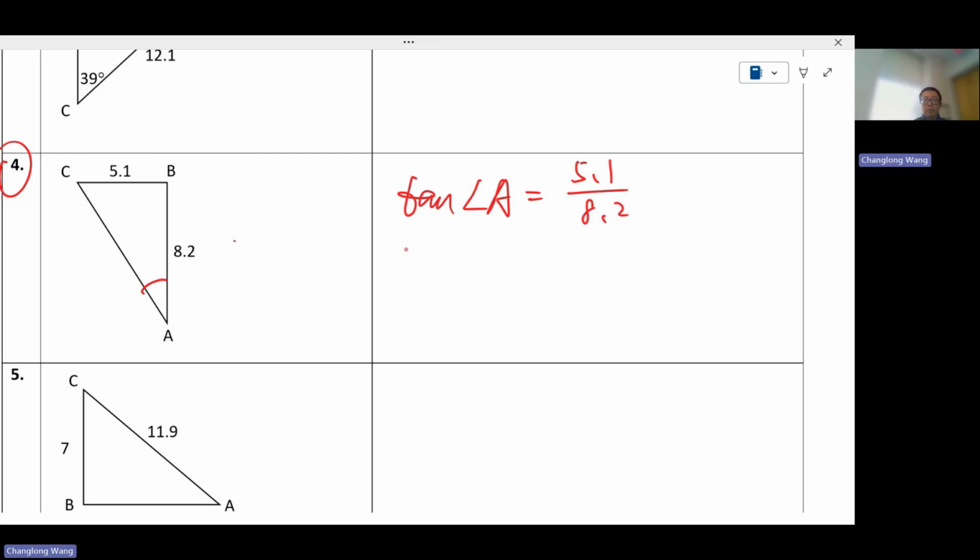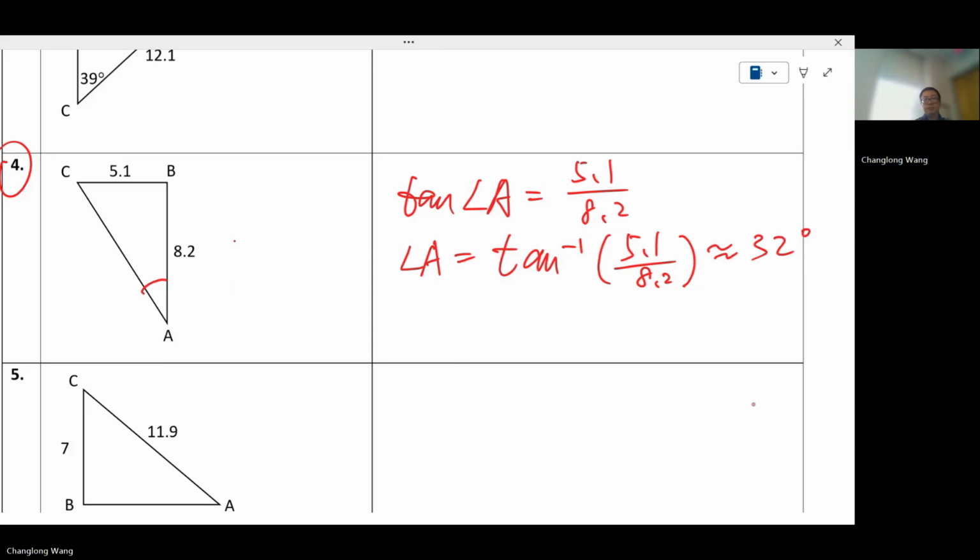So it turns out that you will appreciate the inverse function, because inverse tangent is going to tell you what the angle is. So angle A is nothing but tangent inverse of the ratio you want. If you put that in the calculator in the right way, and it's in degrees, it will be about 32 degrees.